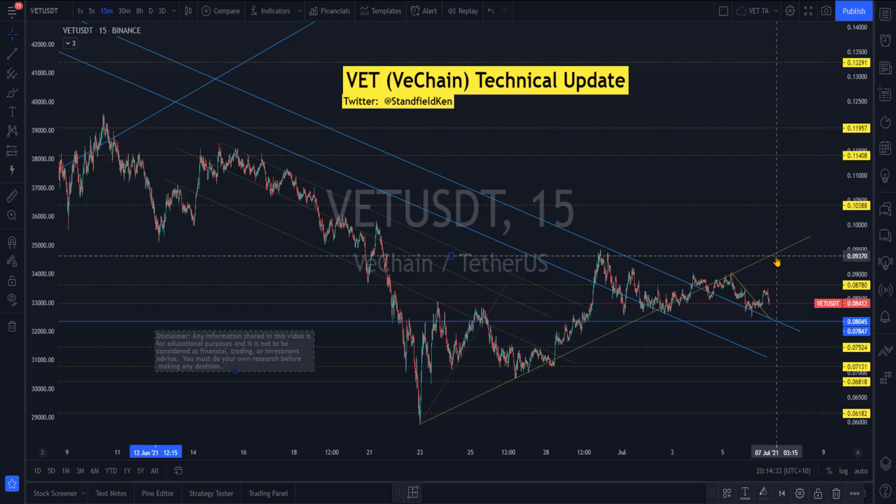And that's fine, because it's really transforming that resistance into support. VET currently is trading at 84.15. It has good structural support at 80.45 and below at 78.47. The resistance above is 87.80 and 93.68.